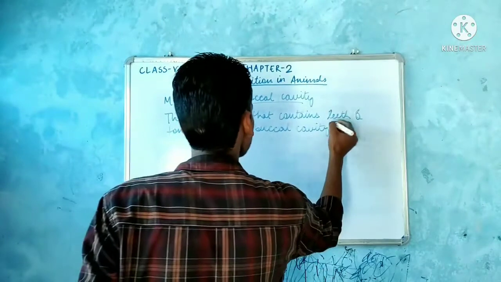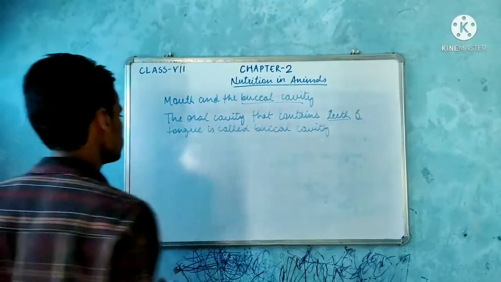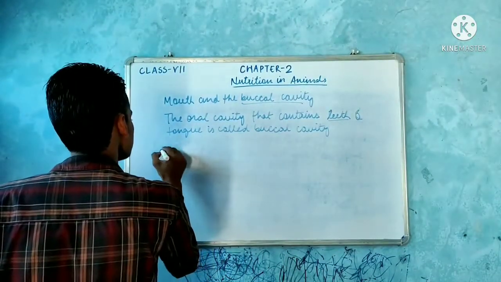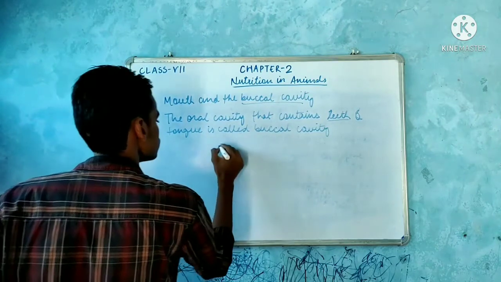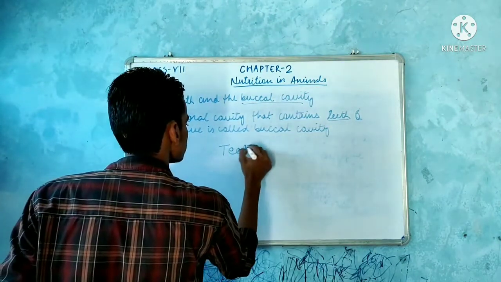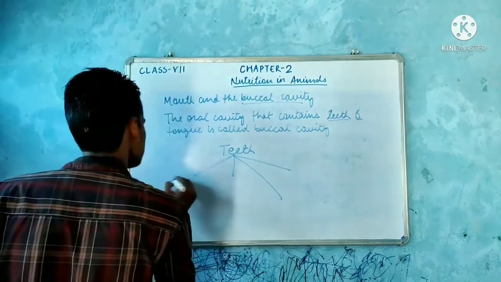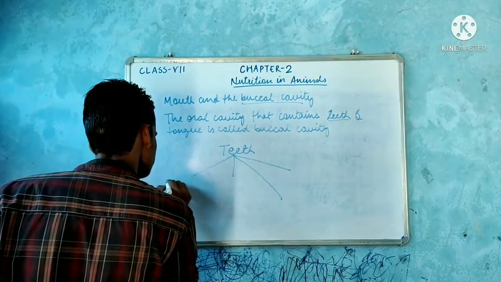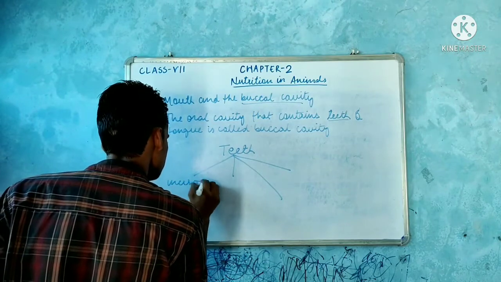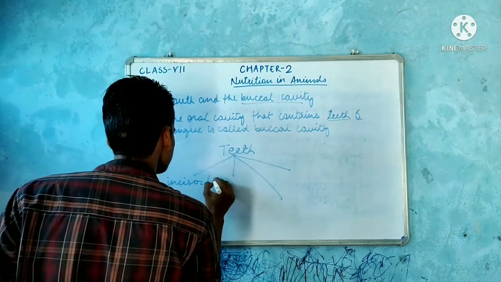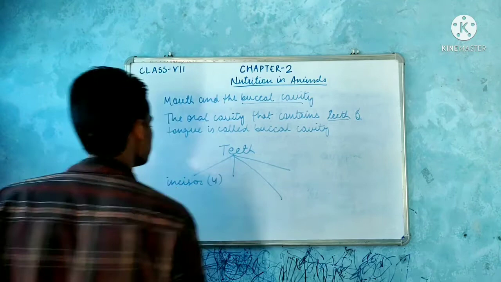So there are 4 different types of teeth found in our mouth. First one is the incisor. It is 8 in number.